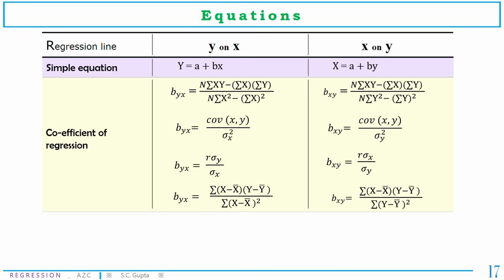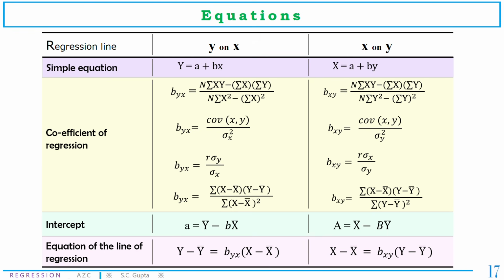We have various ways to calculate the coefficient of regression, either by covariance, standard deviation or correlation, as shown in these equations. Equation of intercept for y on x and for x on y.